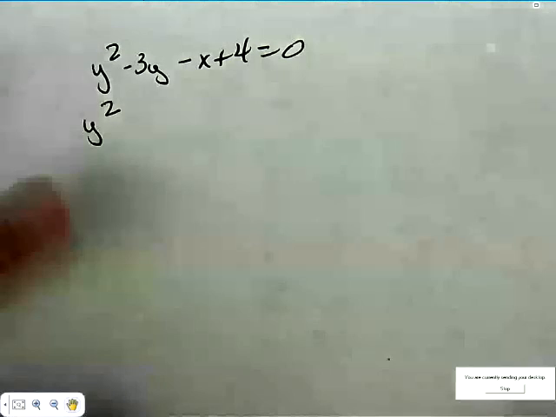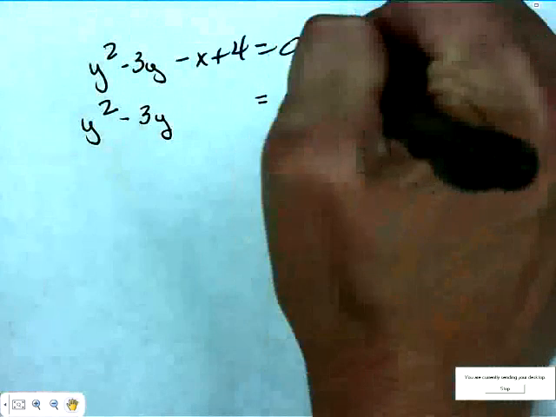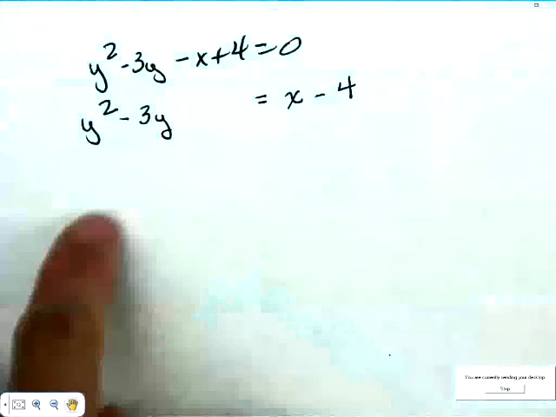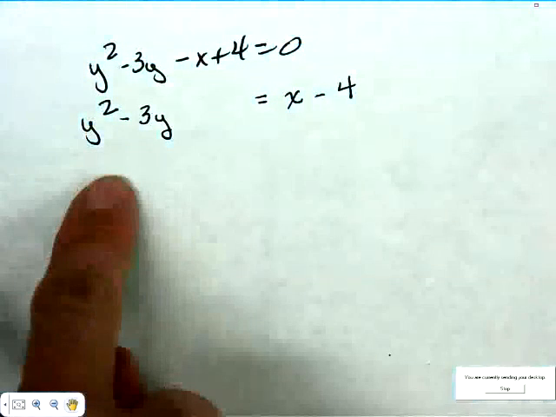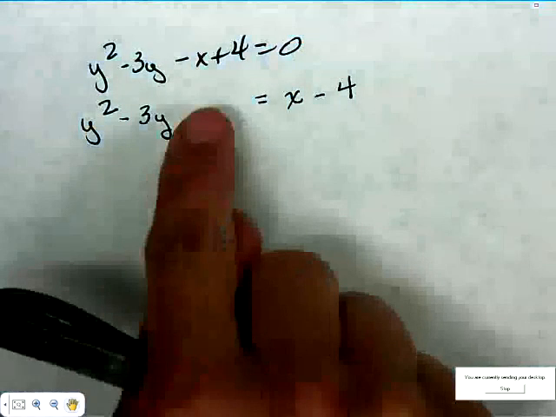So to get that in a form that I could see the vertex, I would get the y's on one side and everything else on the other because I need to complete the square on the y's to see the vertex. What would I have to add to this left-hand side to complete the square?